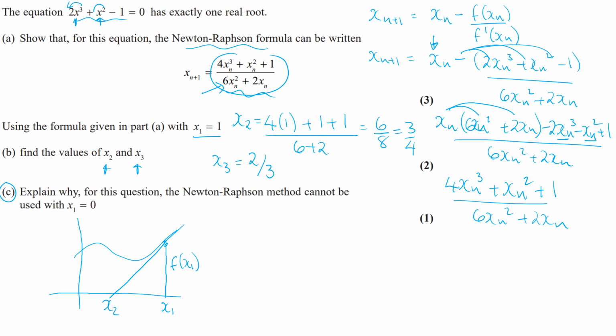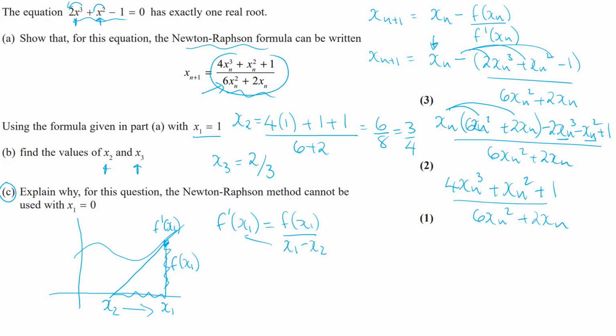This is our next approximation because we use the tangent and the gradient of that tangent is constant, and that is f dash of x1. So all you do is find an equation for that gradient, which is just rise over run. So that is f of x1 divided by, what's this distance here? It is x1 minus x2.